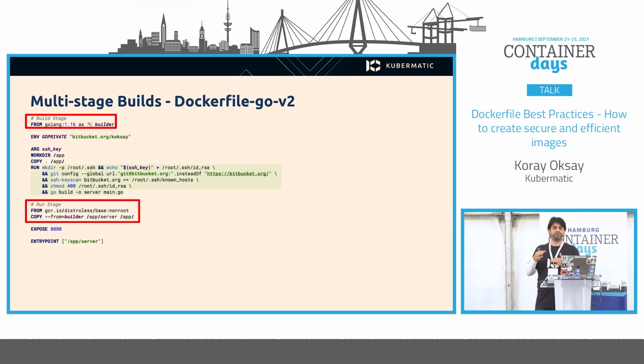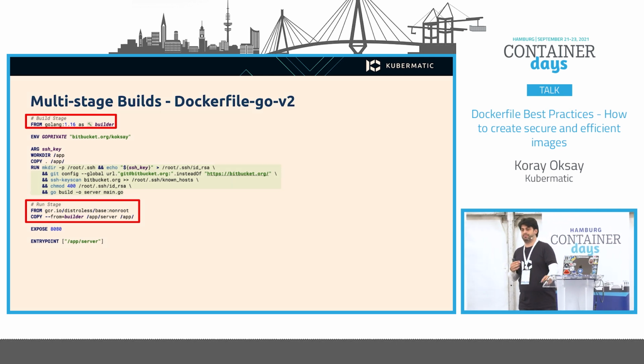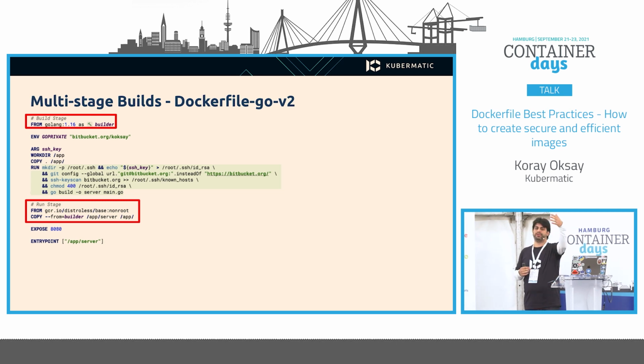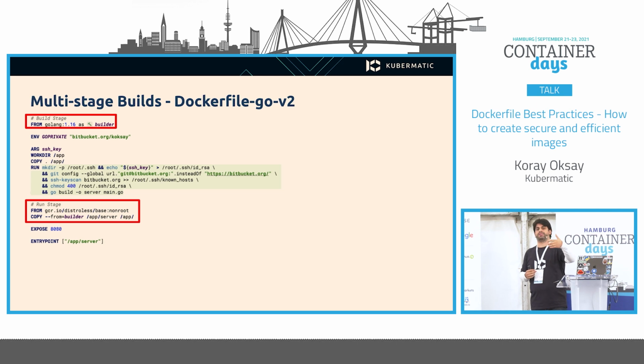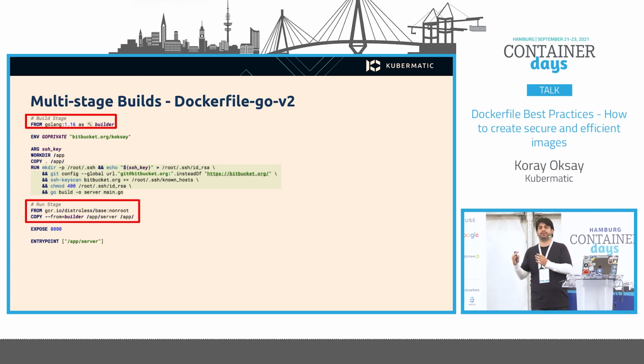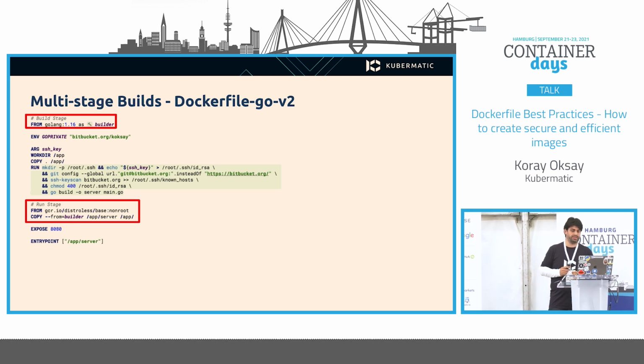As you see, the two stages are here. It could be more stages. It doesn't have to be 2 stages. It could be 3, 4. Some people first build, then in the second stage run unit tests or some other health checks, and then in the third stage continue. But in any case, the last stage will be the container that will be shipped.